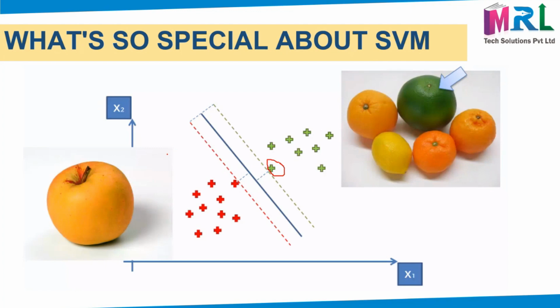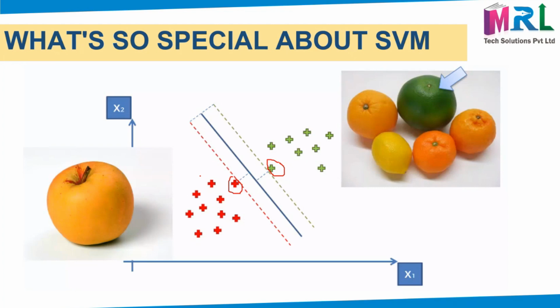It will choose only the extreme points of these two data sets, and then it will classify. It is not choosing this one, it is not choosing this one. It chooses only the extreme points of these two features, here apple and orange, and then it will fix a margin over there. So the first point is that it deals with the most extreme cases.